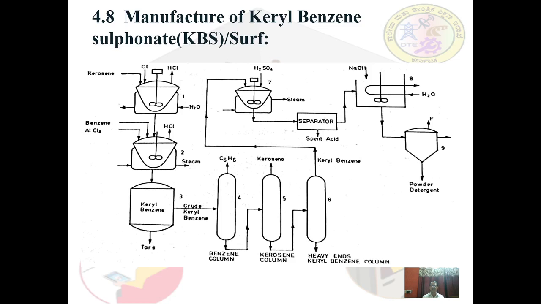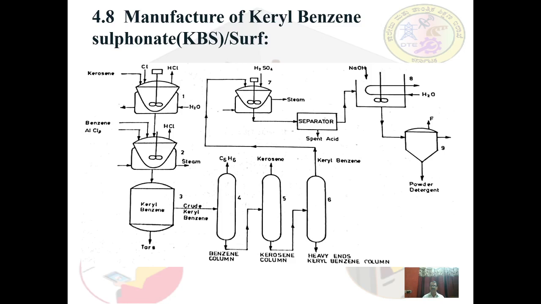This linear alkyl benzene sulfonate is fed to a separator to separate the spent acid, and then it is fed to a neutralizer where sodium hydroxide is added, which neutralizes the excess sulfuric acid present.